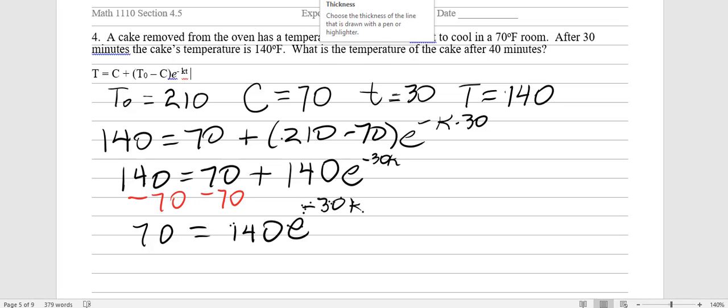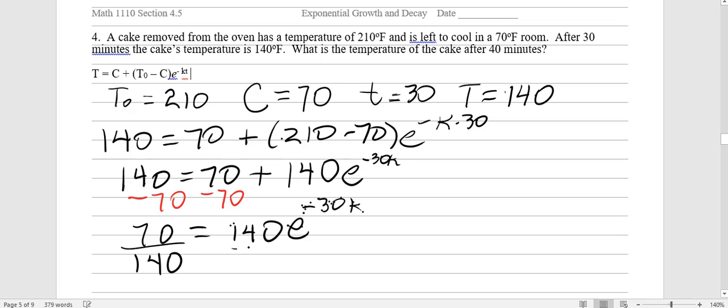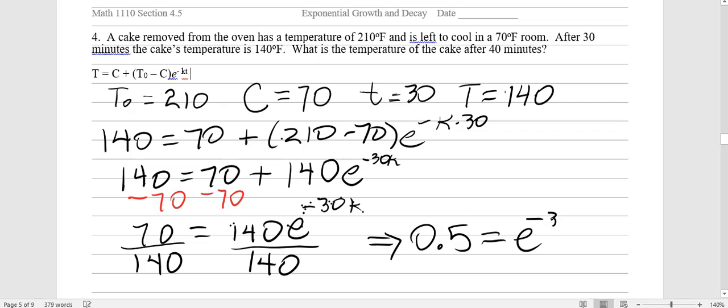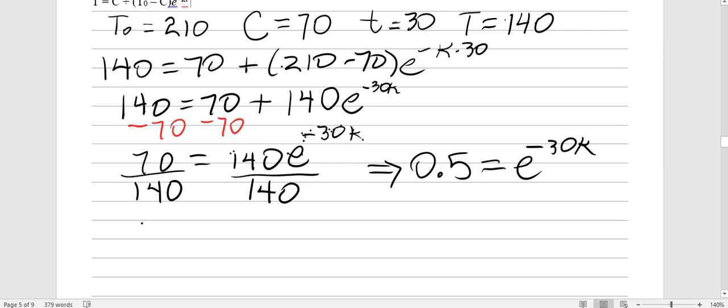Next, we're going to further isolate the exponential by dividing both sides by 140. 70 divided by 140 is 0.5. And on the right side of the equation, we now have e to the negative 30k. We apply the natural log to both sides of the equation.